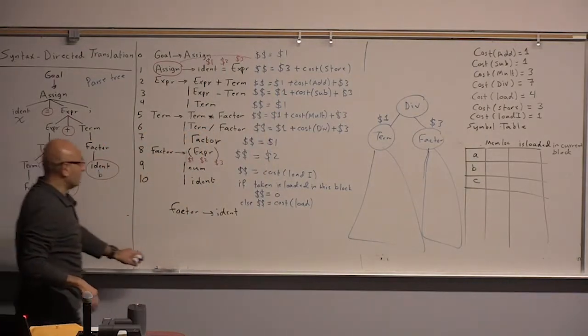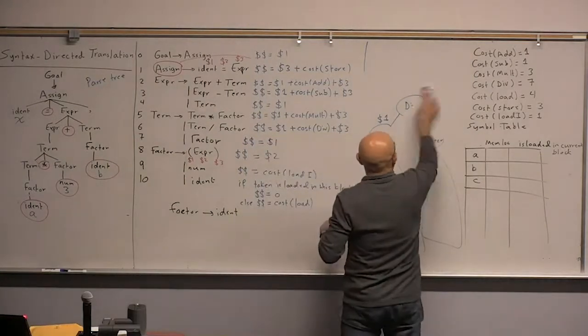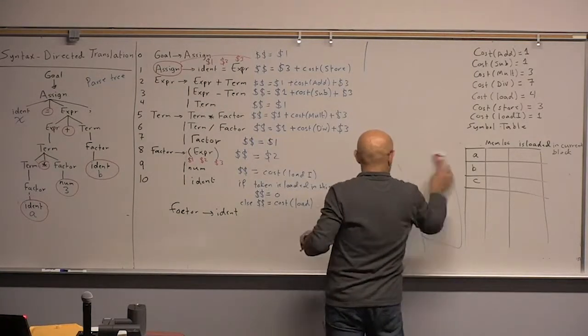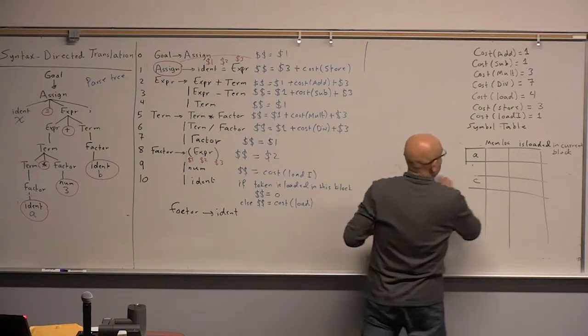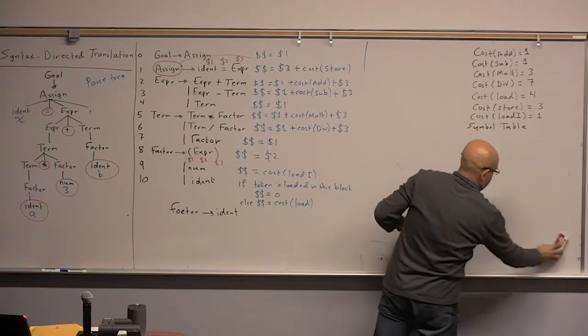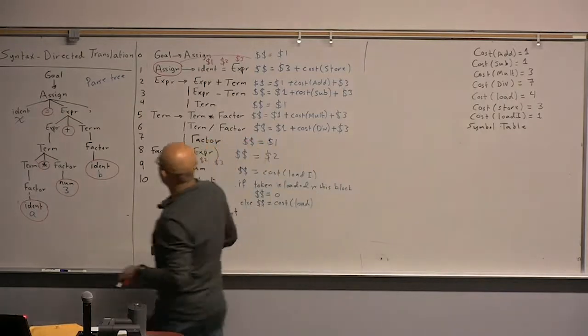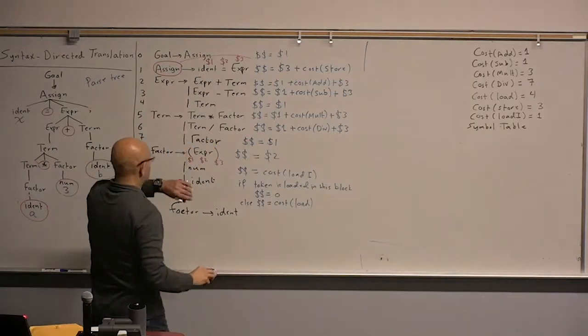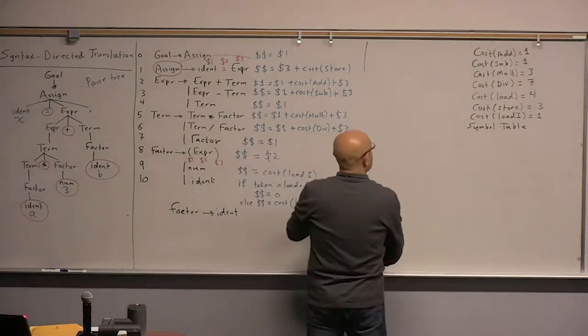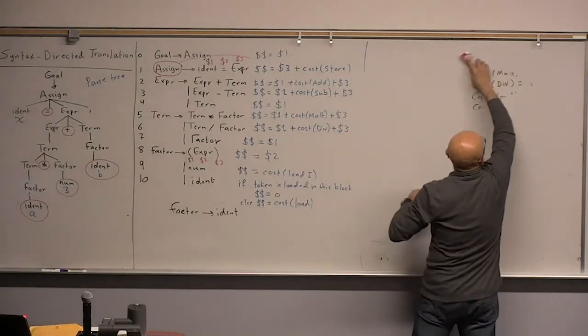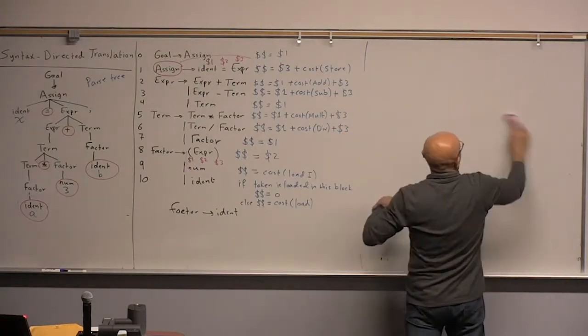Let's trace it on some example. Should we use the same example or a different example? I think we're done with these. Oh, Wi-Fi.